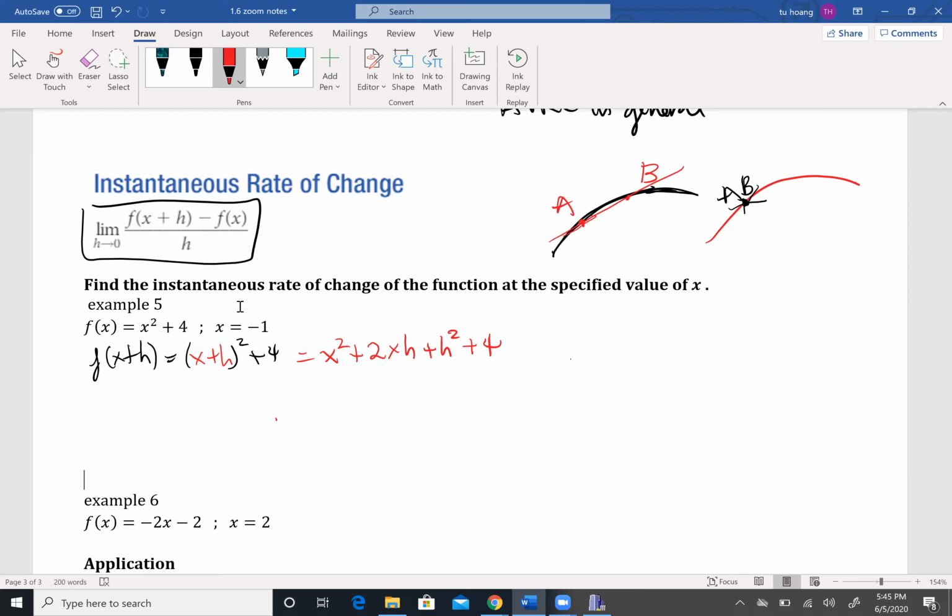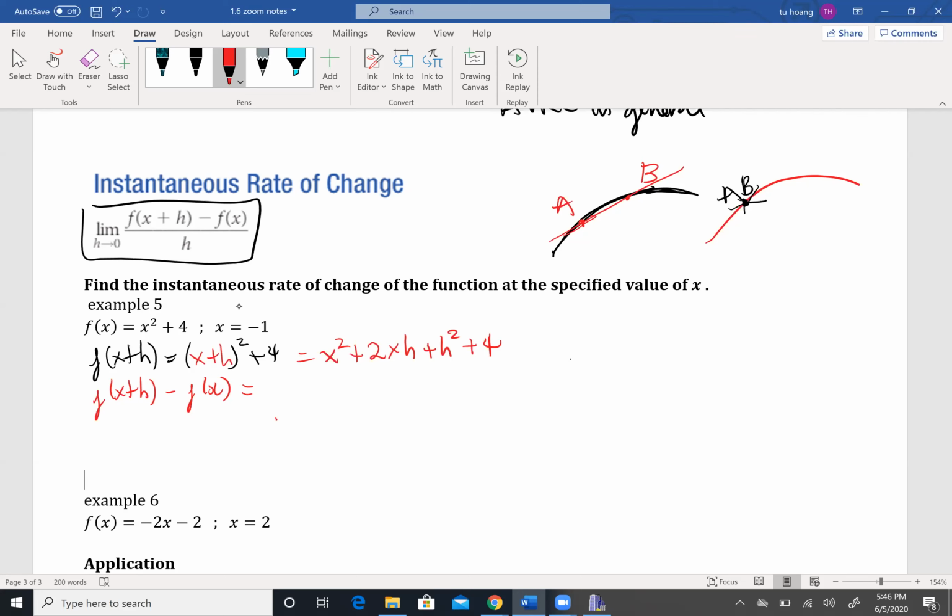Okay, and now you will have f(x plus h) minus f(x). And now you will have what?